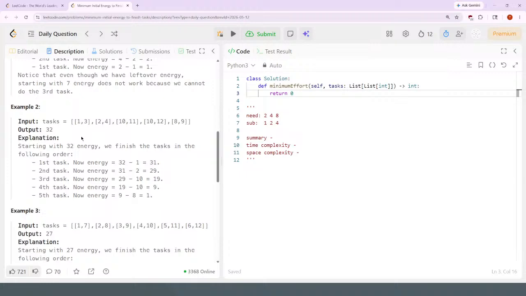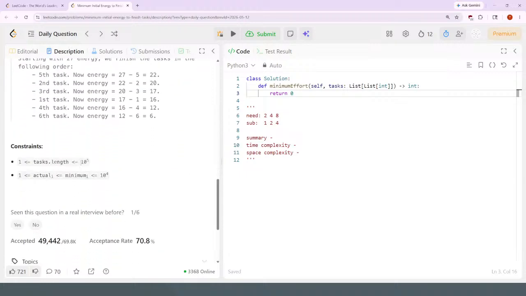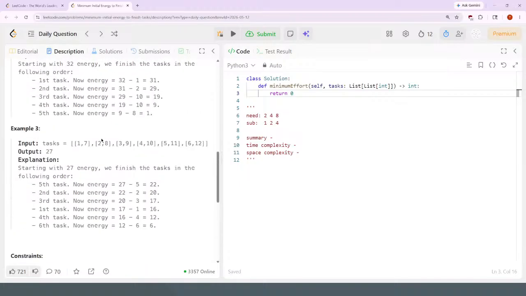I feel like it's definitely not brute force. Okay, let's think about upper bounds for this. What is a guaranteed upper bound? What's the minimum or maximum needed?